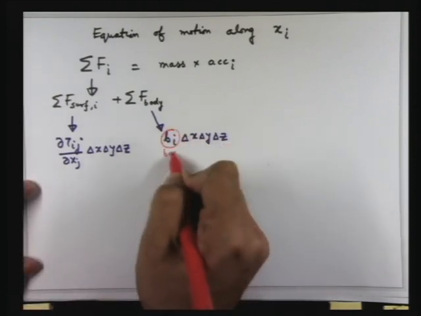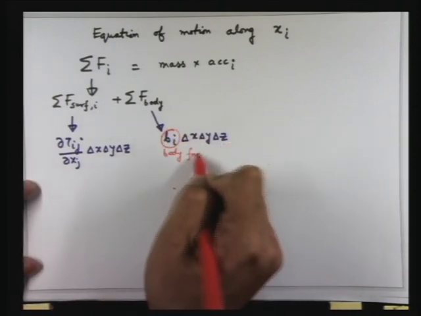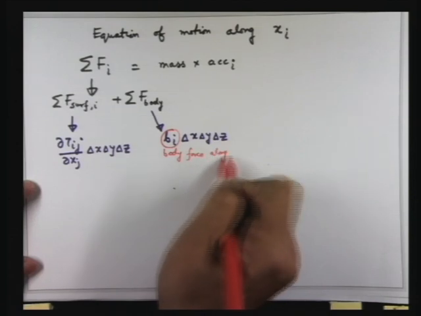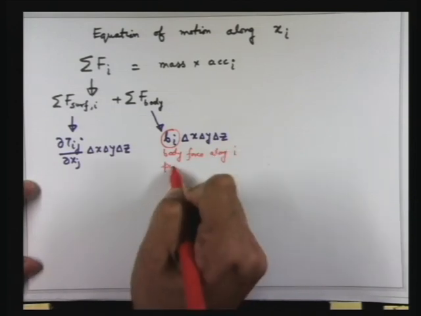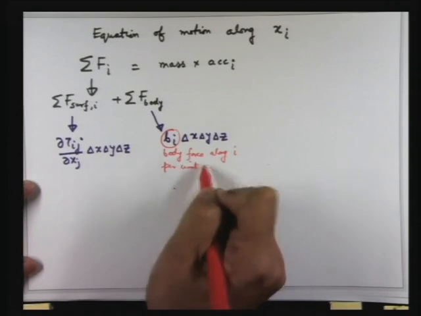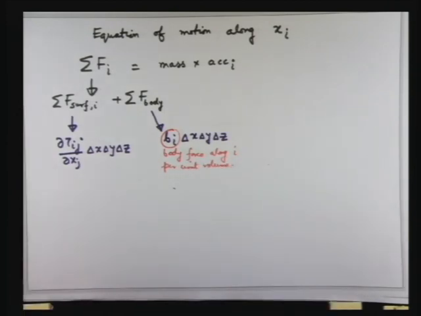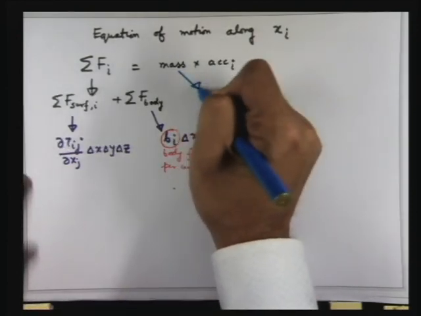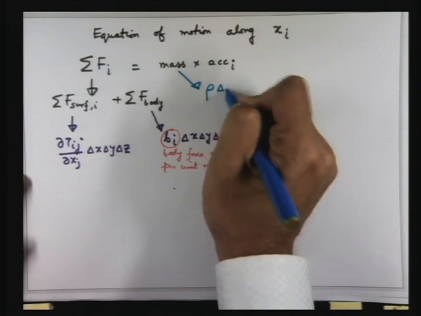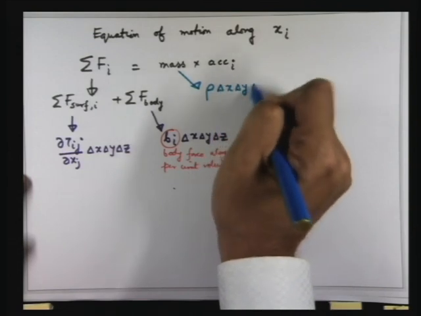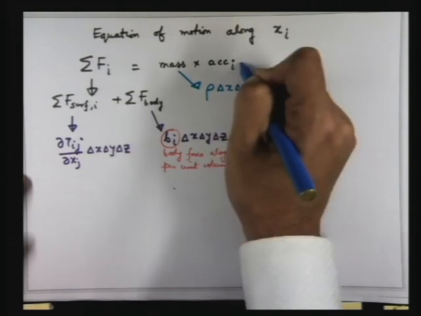Body force along i per unit volume. The volume of the fluid element is delta x, delta y, delta z. Let us now write the right hand side. What is the mass? Rho into delta x into delta y into delta z. And what is acceleration along i?